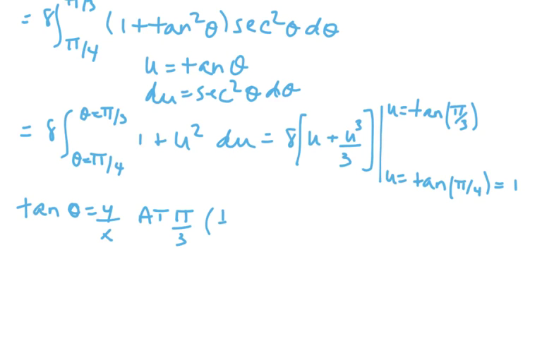The x component is a half, and the y component is square root of 3 over 2. So tangent of pi over 3 is going to be the square root of 3 over 2 divided by 1/2, which is simply square root of 3. So this is equal to the square root of 3.